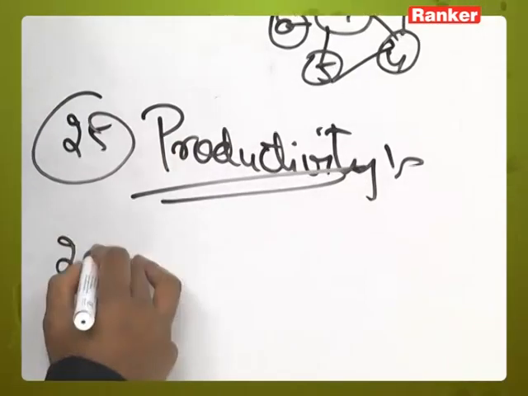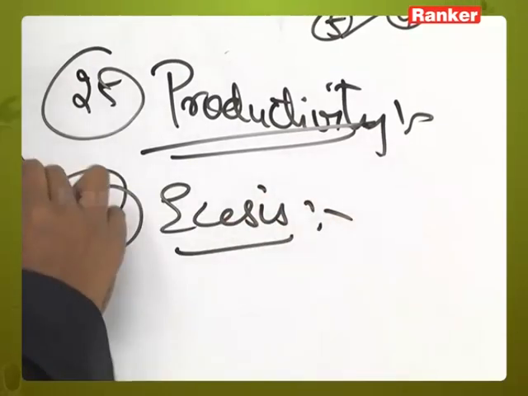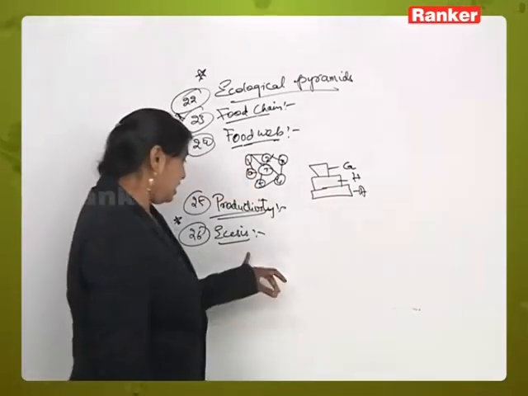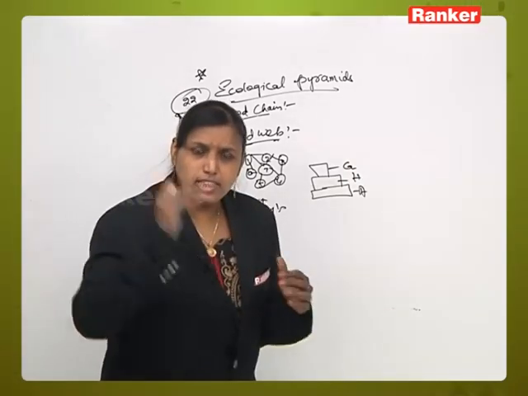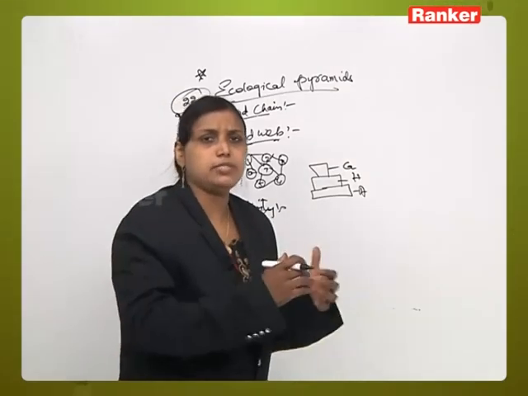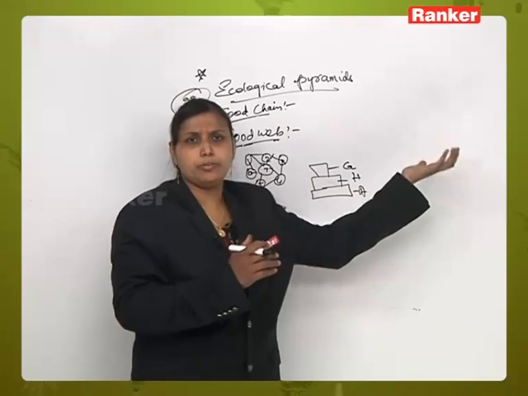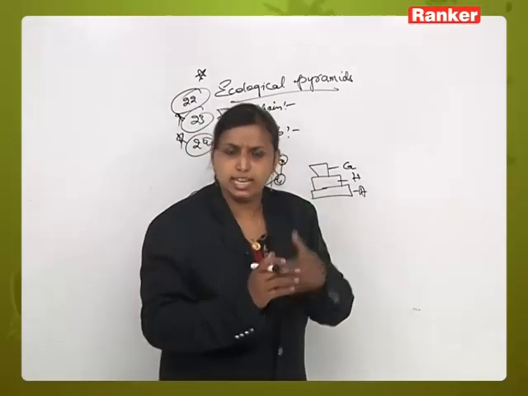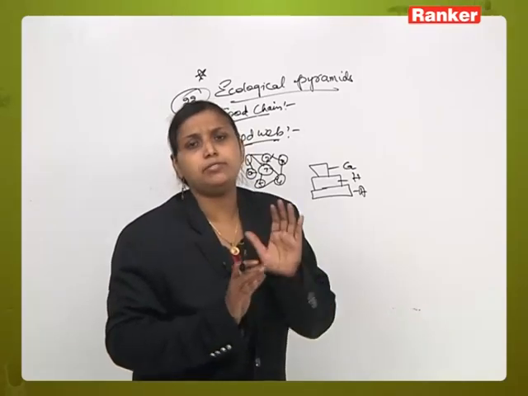Next one, 26th, is ecesis. This is also important, a rarely seen word. Ecesis is the process in which migrated organisms establish themselves in a new environment. The animals which come from different places stay in this environment and try to adapt and adjust themselves to it.